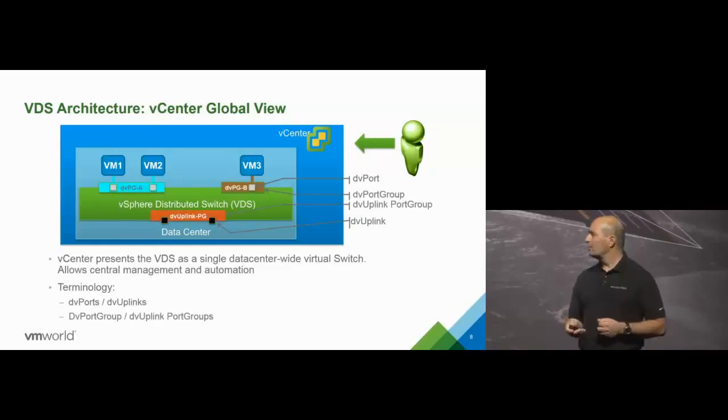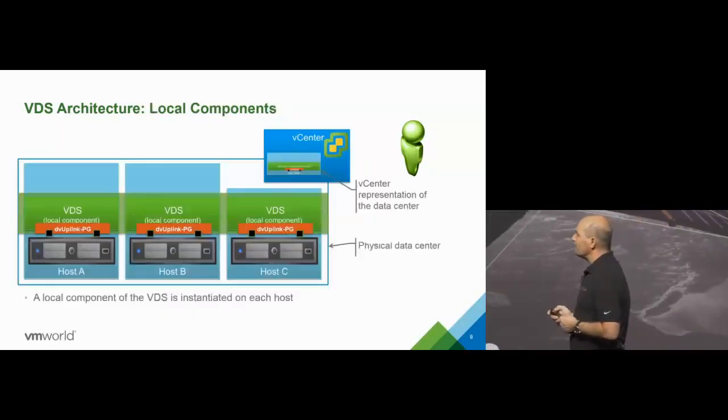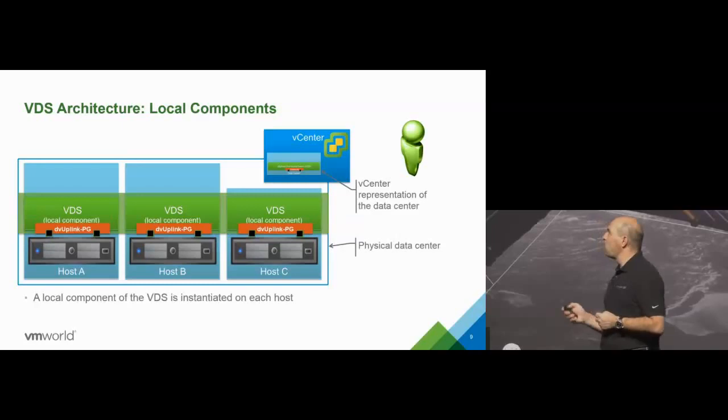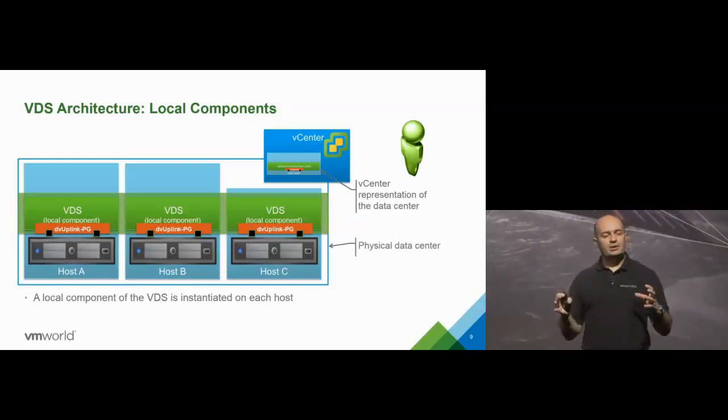And both those components are grouped. So we have a DV port group that groups DV ports that have the same characteristics. It allows us to configure several ports in one shot. And we have DV uplink groups that do the same for your uplinks. Nothing groundbreaking right now.